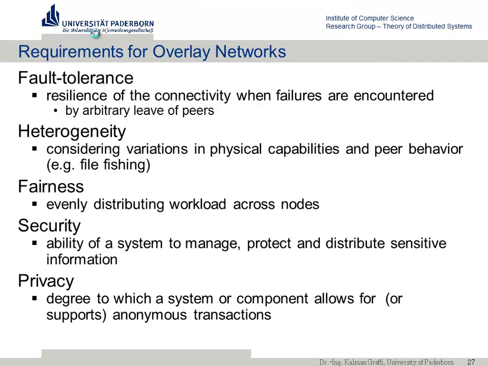What do you do? And do you have some fairness integrated? How is the load distributed? They all provide some resources, but do you use some peers more or less based on how much they themselves use or how strong they are? Security is always an issue, and privacy as well.